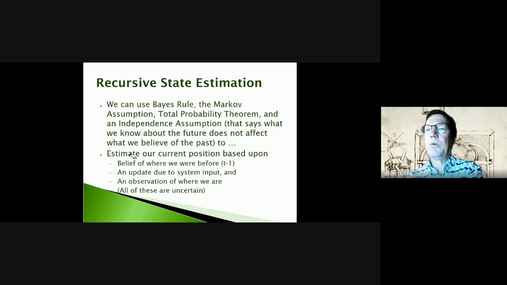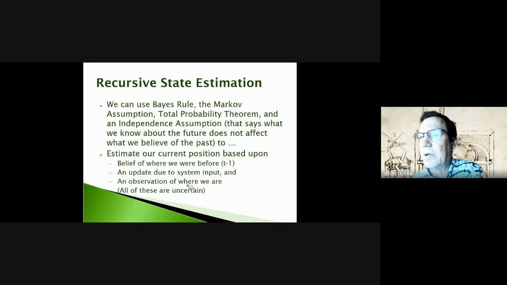So now we want to estimate our current position based upon a belief of where we were before, t minus 1, an update due to a system input, and an observation of where we are, right? All of these are uncertain. If this observation was certain, we wouldn't care about these. We'd just say, oh, that's exactly where we are.